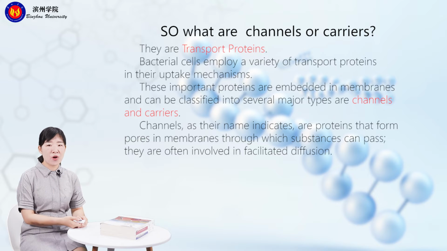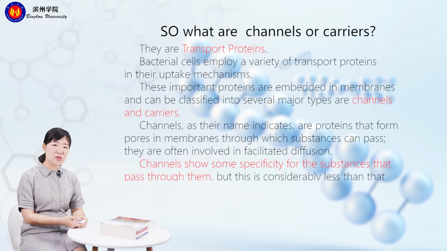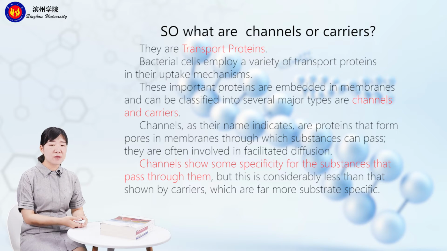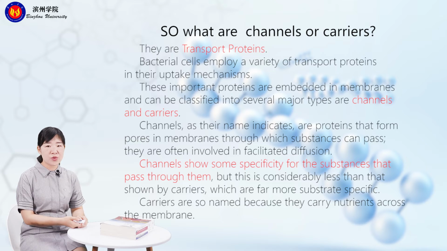They are often involved in facilitated diffusion. Channels show some specificity for the substances that pass through them, but this is considerably less than that shown by carriers. Carriers are far more substrate specific, and carriers are so named because they carry nutrients across the membrane.